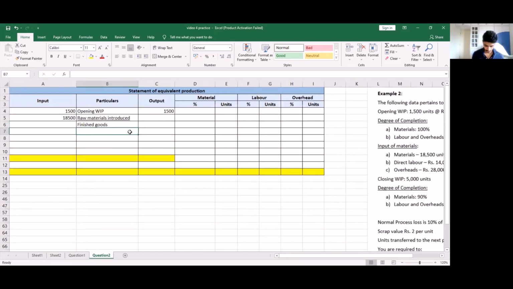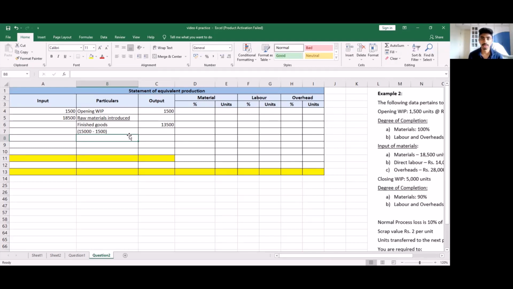So we are going to write 15,000 minus our opening work in progress, which will also become finished goods. So we subtract that, which is 1,500, to get a finished goods of 13,500 units.